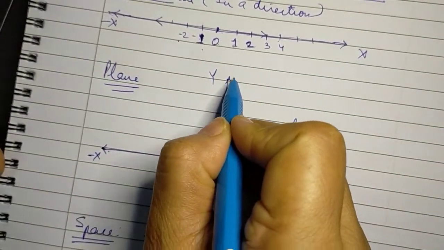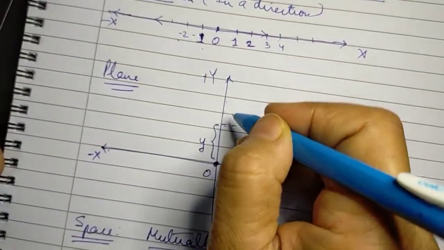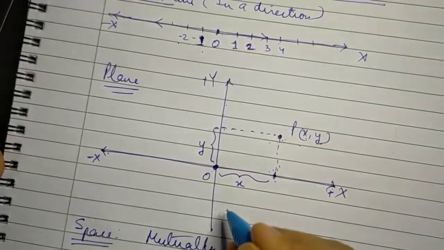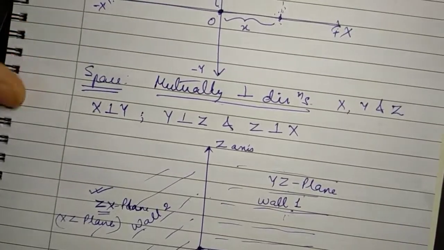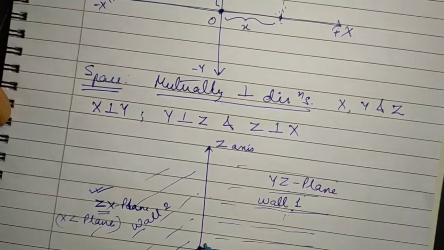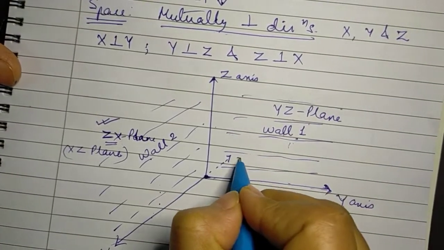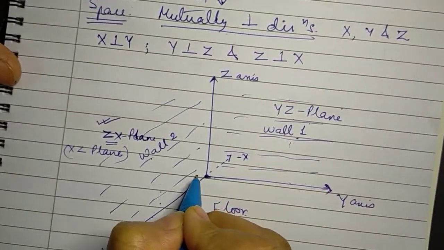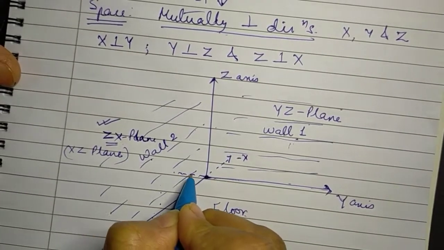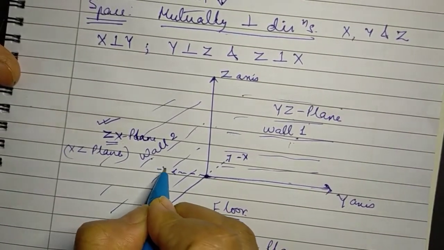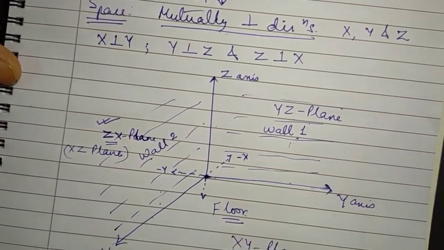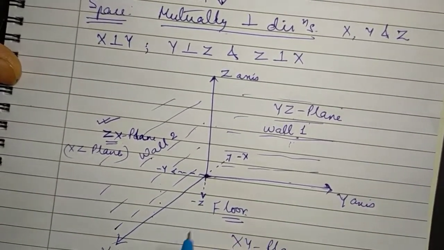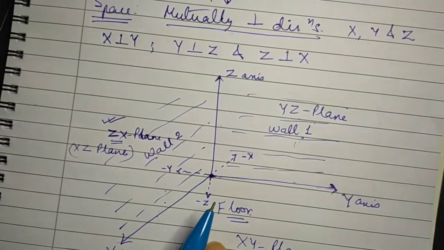Same way, if this is the positive y-axis, you extend it along the straight line in the opposite direction, and this becomes the minus y-axis. Same way here also, this can be extended in this direction and it becomes the negative x-axis. This can be extended in this direction, it will become minus y-axis, and this can be extended in this direction, it will become minus z-axis. Okay, this is one thing.